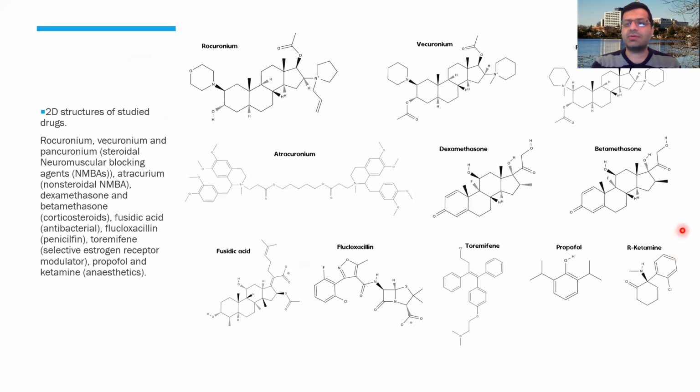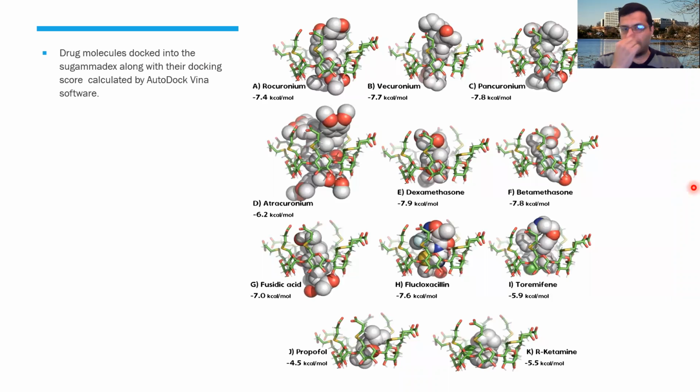We have done simulations with several kinds of drugs, but we are more focused on rocuronium. I've done a docking process to get an affinity number for all of those drugs, and this negative number here is related to the affinity of those drugs with the Sugammadex.